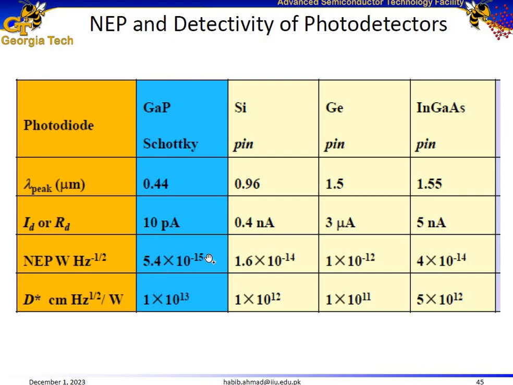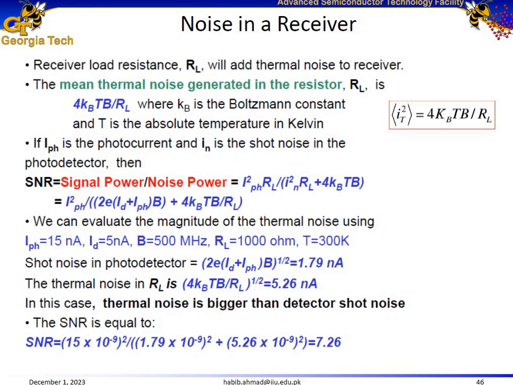And then since gallium phosphide has the lowest noise equivalent power, it is going to have the highest specific detectivity for photodetectors. So it turns out that low dark current or low leakage current is more desired because it gives low noise equivalent power and higher detectivity for photodetectors.